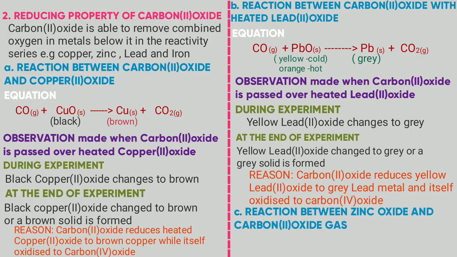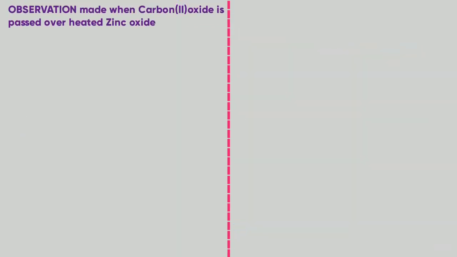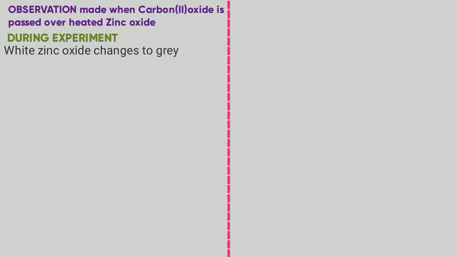C. Reaction with heated zinc oxide. The chemical equation is CO gas plus zinc oxide arrow zinc solid plus CO2 gas. The observation made when carbon 2 oxide is passed over heated zinc oxide is: during the experiment, white zinc oxide changes to yellow and then finally to gray.